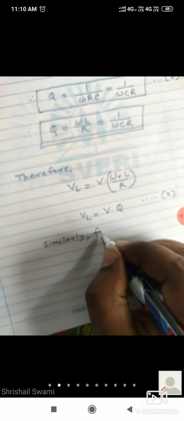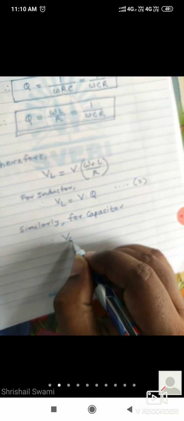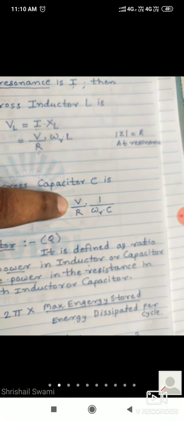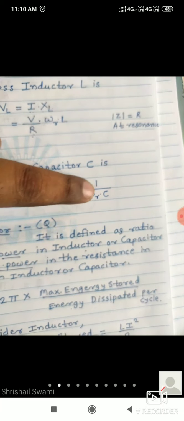This expression is equation number 3, for the inductor. Similarly for the capacitor, VC is equal to, what is the expression we got at the start? VC is equal to V divided by omega R into CR.